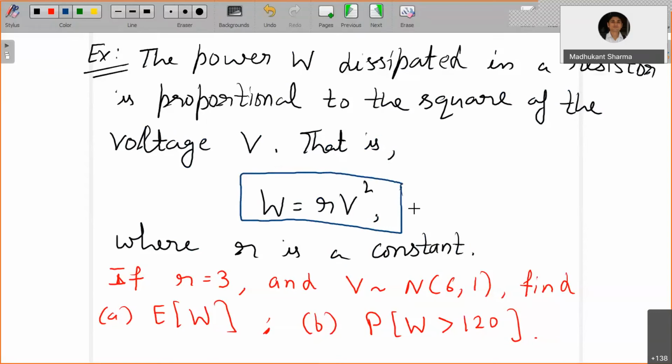If R equals 3 and V follows the normal distribution with mean 6 and variance 1, you are supposed to find the expectation of W, and the probability of W greater than 120. So let's do this problem.